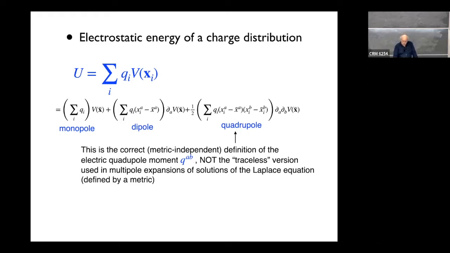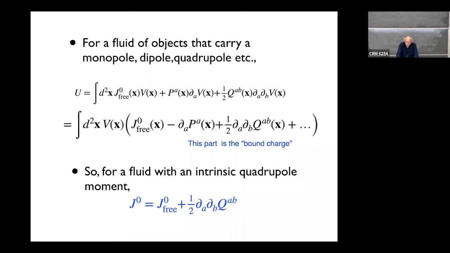So if I now have a fluid which is made up of objects which carry both a monopole and a dipole and a quadrupole, etc., I can, of course, take this thing and turn these things into densities and then integrate by parts or whatever. And then I see that what I would call the thing that couples to the electrostatic potential has the usual free term that we find in things.